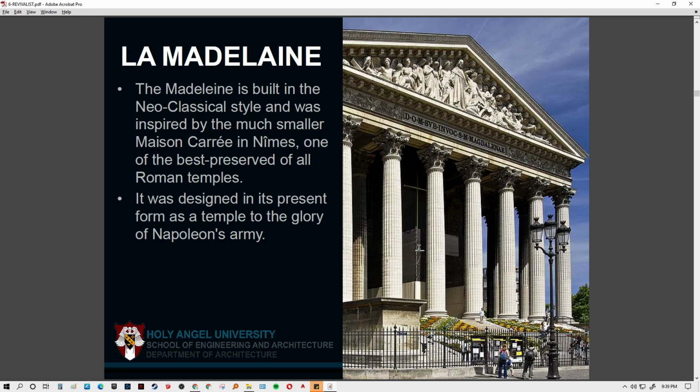It is one of the best preserved Roman temples of all. So basically, it's going back to the old style. And since it was designed in its present form as the Temple of Glory of Napoleon's army, structures were always built in order to glorify a certain crusade.